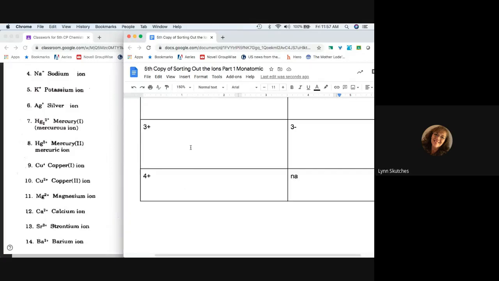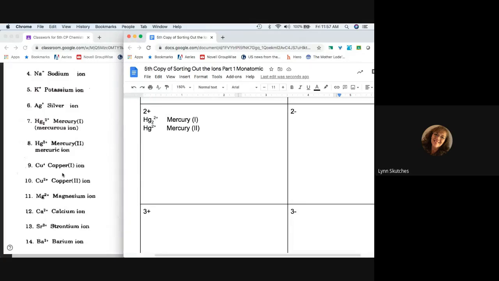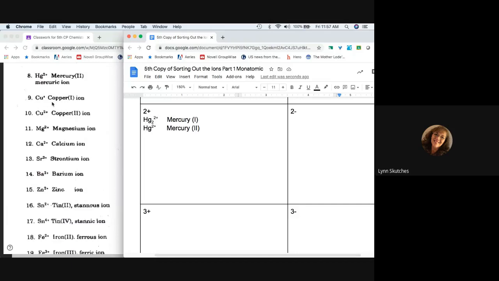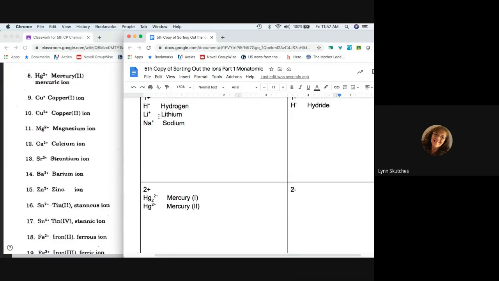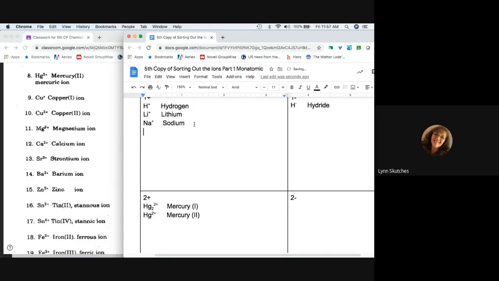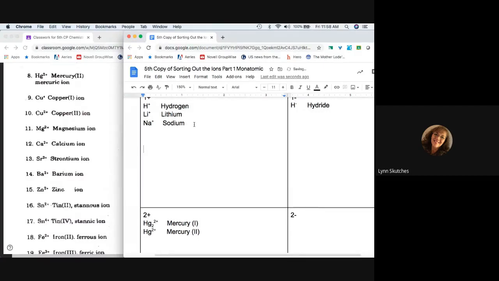Okay. The next one on the list is copper, and again, you do need to know the 2 possible charges for copper, +1 or +2. So copper 1 is going to go up here. I'm skipping right and all the other ones, so there are other ones that are supposed to go here. I'm just going to skip down to copper.